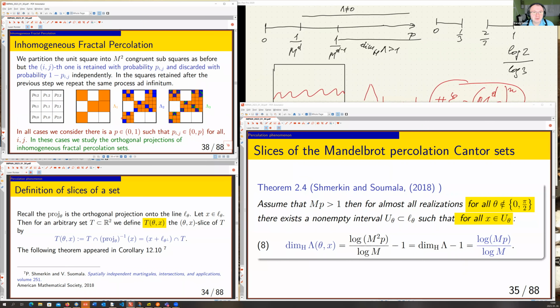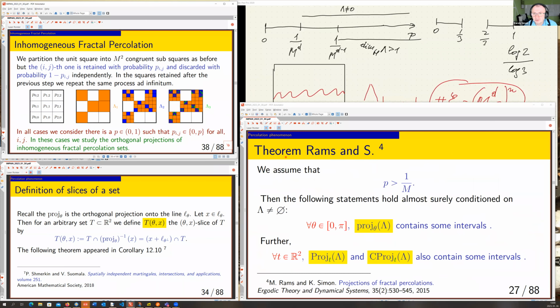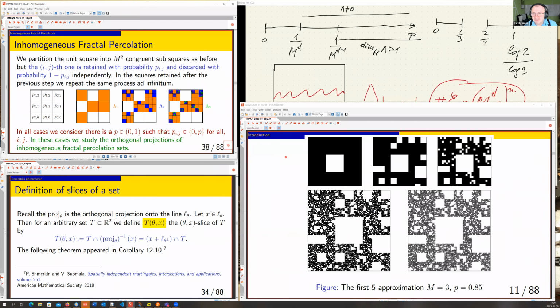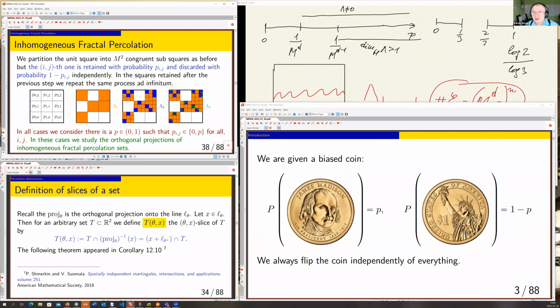And I would like to explain what the inhomogeneous situation is, but in order to do that, I need to go back to this definition. Originally, we had just one coin, but in the inhomogeneous situation, you have not one coin, but 9 completely different coins for each of the positions.